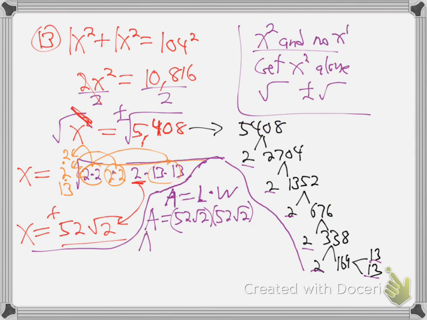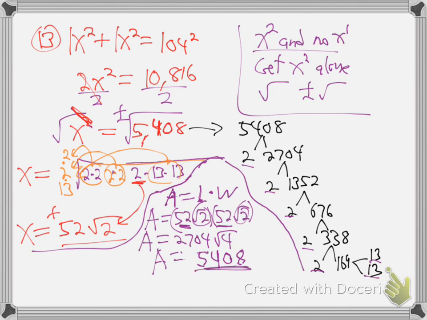So how do you do that? Well, 52 times 52, what's that? That's 2704. And then root 2 times root 2 is root 4, which is just 2. So the area is 5408.